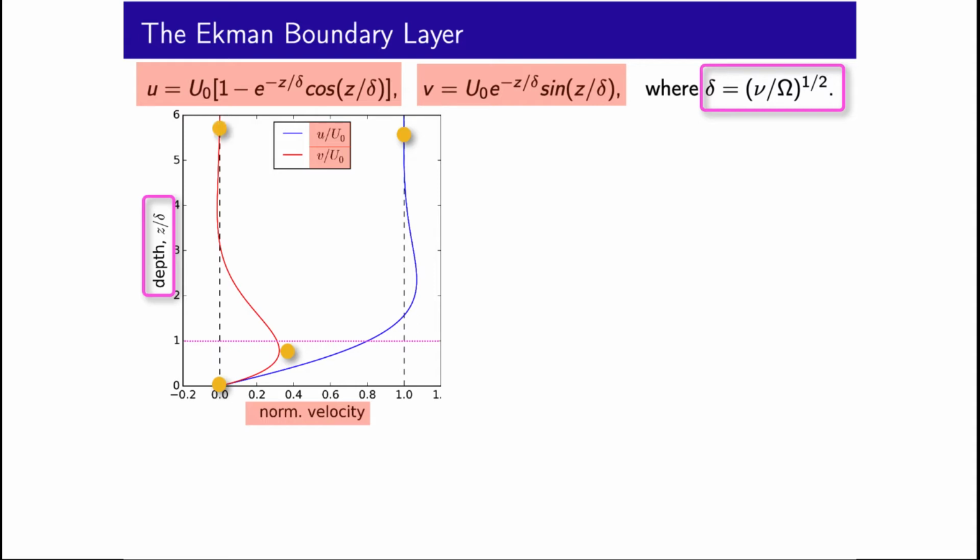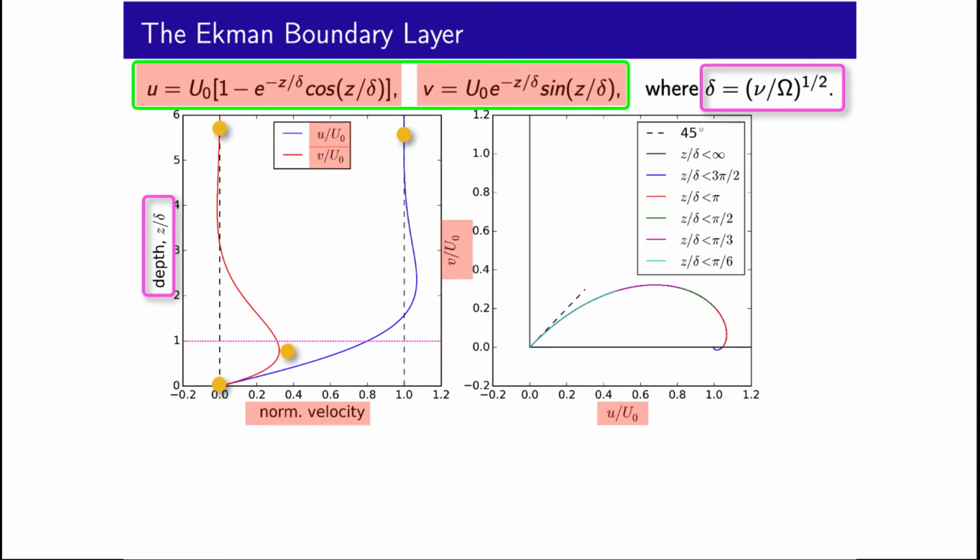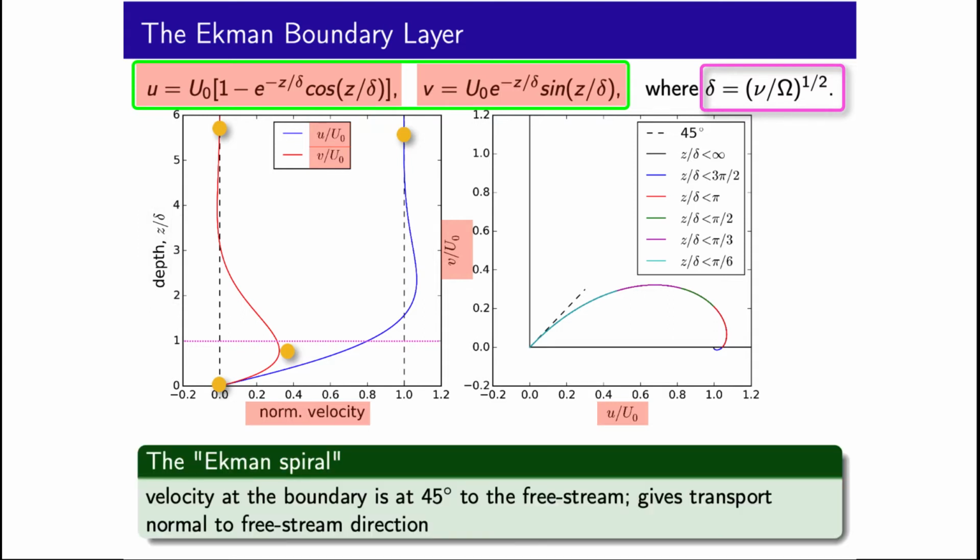Plotting these two together gives a distinctive spiral, which is known as the Ekman spiral, as you traverse from the boundary vertically through the Ekman layer. Note that immediately adjacent to the boundary, the flow is at 45 degrees to the interior flow, and that integrating the velocities through the layer actually gives you a transport that is normal to the free stream direction.